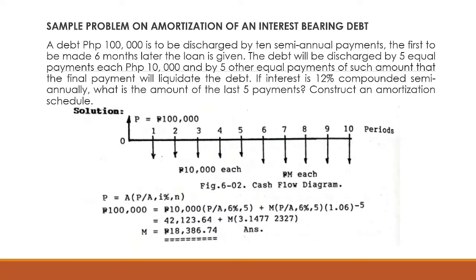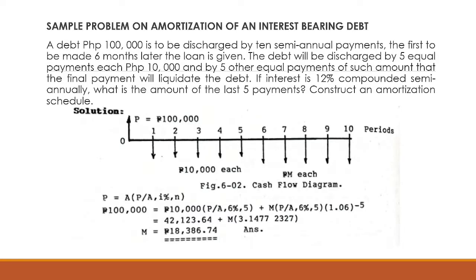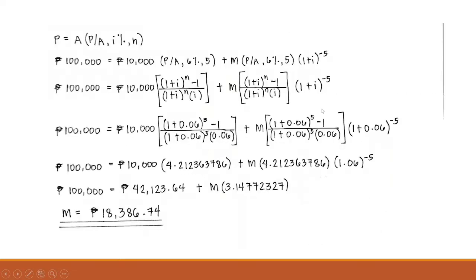So semi-annually man siya, so ang 12% i-divide sa 2, na siya 6%. And ang 5 kay ang ipangita is what is the amount of the last 5 payments.